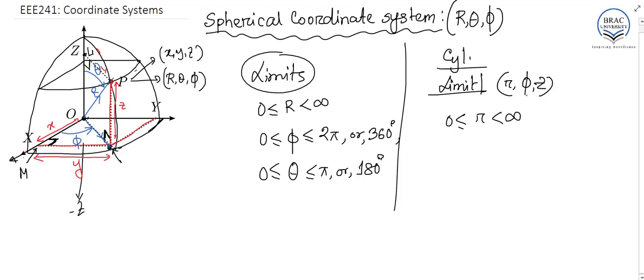The value of phi, being similar to the spherical coordinate system's, will start from 0, and it can move up to 2 pi or 360 degrees. And the value of z can extend. The cylinder we're talking about can extend from minus infinity to plus infinity, from the minus z direction to the plus z direction, so there's no limit on that.